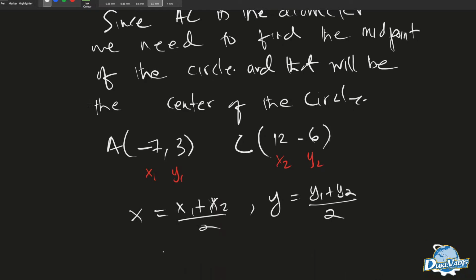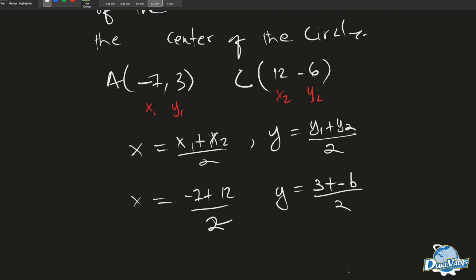So this is just elementary. Our x will be negative 7 plus 12 over 2, and the y will be 3 plus negative 6 divided by 2.